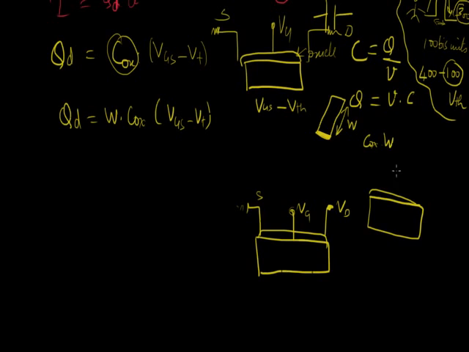How did it happen? When VG is positive, it repelled all the positive charges here, or the holes here. It made them go away and develop an empty space for electrons to come into. Correct? That means the more positive we got, the thicker the channel got, right?